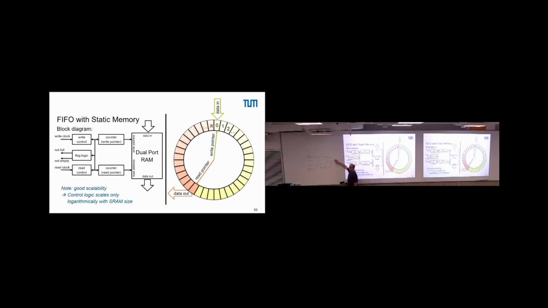So, if we now have this case, what can happen? We write something into our system. Our status of the system changes from empty to not empty. We read this empty signal in the read domain. By chance, our empty signal has a transition, let's say somewhere here.